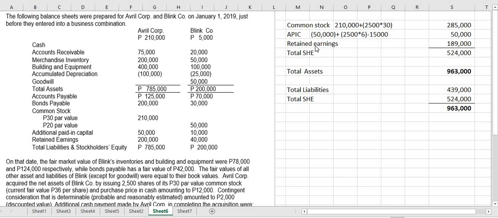So, yung additional paid-in capital natin, that's 50,000, 50,000 plus yung excess, that's 25 times 6. 6 kasi, 36 yung fair value, yung par is 30. Then, less 15,000 yung stock transaction cost. Pero, limited lang din siya sa excess of the market value of the shares less the par. So, still 50,000 lang siya. Your retained earnings natin was 189,000, as computed kanina.